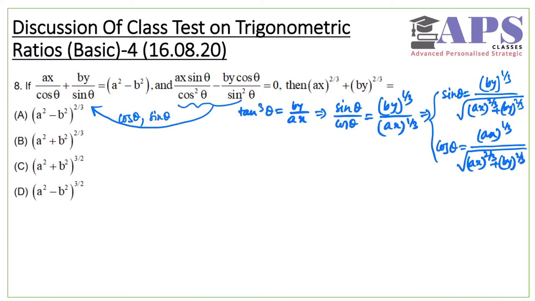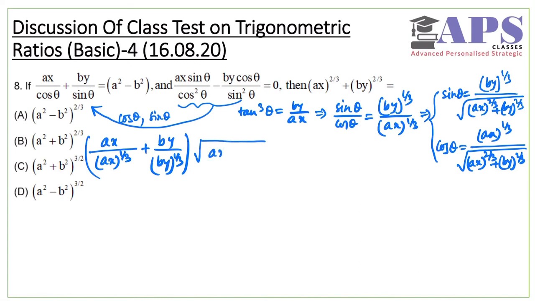Now I will substitute them here, so that I will get AX by cos theta. So AX to the power 1/3, and the denominator for both sine and cos is the same, so that will be common. I will take that common and write this as BY to the power 1/3, and the thing that is common is the root under AX to the power 2/3 plus BY to the power 2/3, equal to A square minus B square.